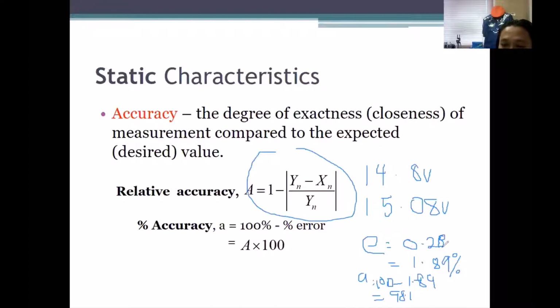Then 0.28 divided by 14.8 multiplied by 100 gives the error percentage. To calculate the accuracy, it is 100 minus the percentage of error. That's why we got 98.1%. This is how to calculate the accuracy.